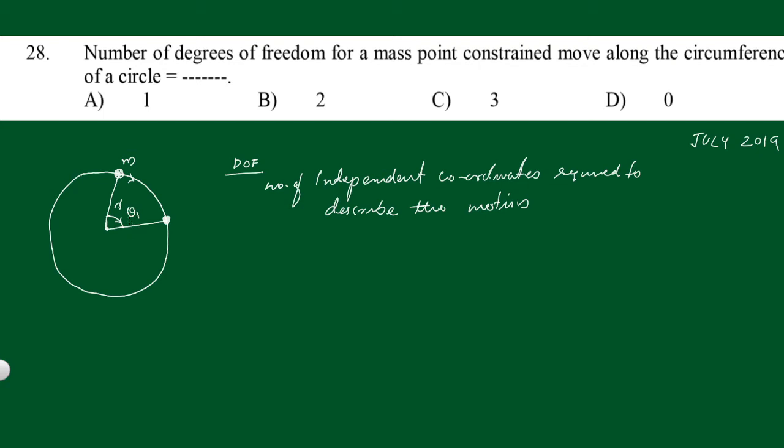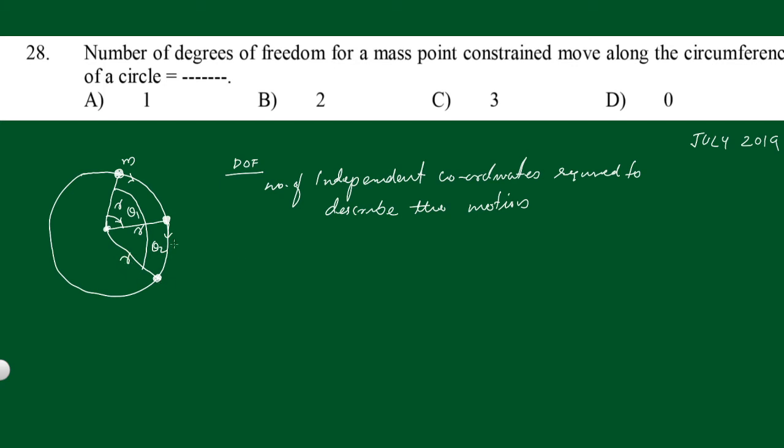And here again the radius, the distance from the center of the circle to the circumference, is r. After some time, it will move again and reach another point here. Now the angle becomes theta 2, but here also r is constant.